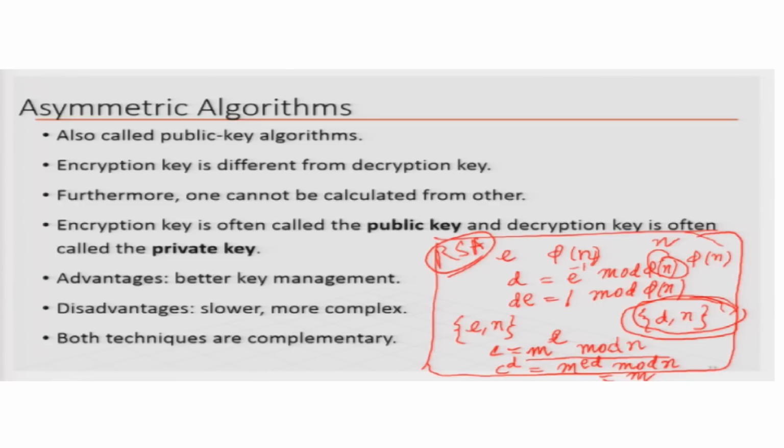But there is another use of this, which is, suppose I want to prove authenticity. Earlier I said that in symmetric key cryptography, if I have shared the key with you and I get a message that is encrypted by that key, I know that it is authentic because you are the only one who knows the key. In public key cryptography, that is not possible.